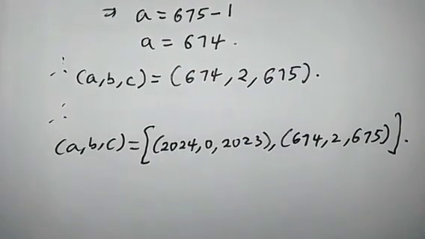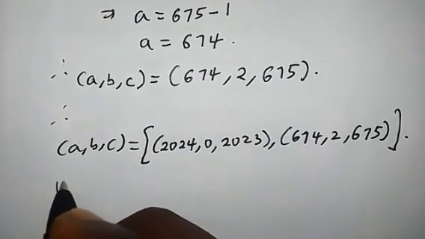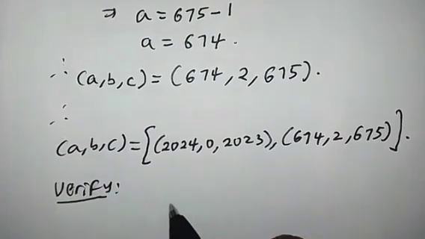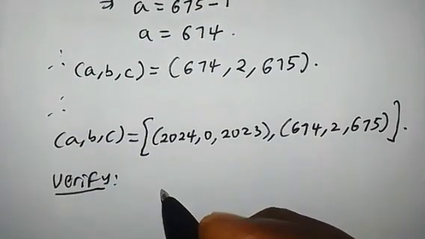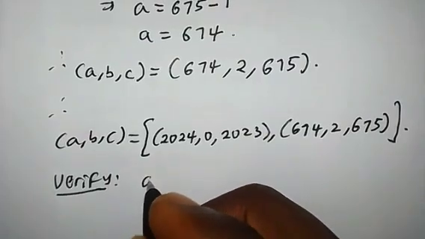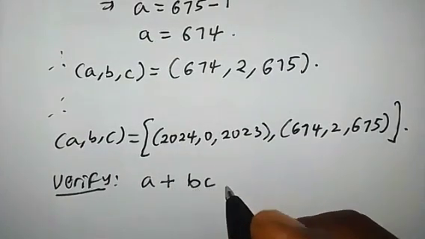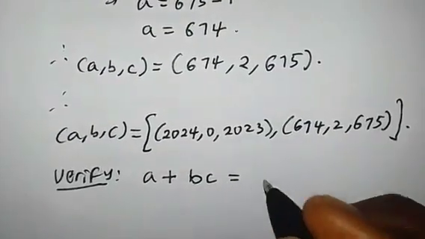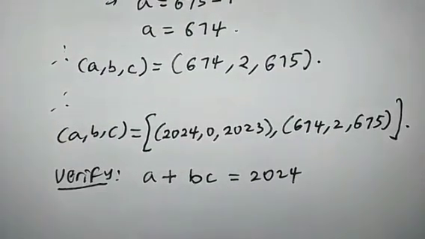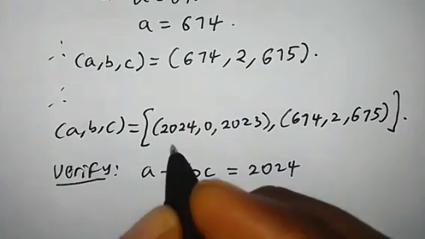Now let us quickly verify if this answer is correct. Verify. We can use either of the two equations to verify it. Let's use equation 1: A plus BC equals 2024. So let's verify this first answer first.